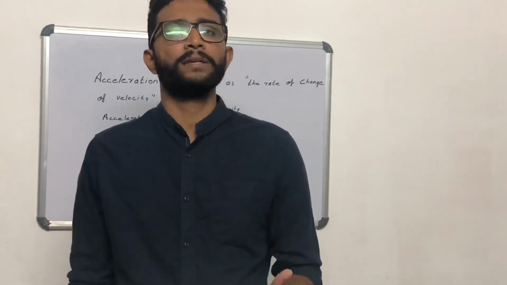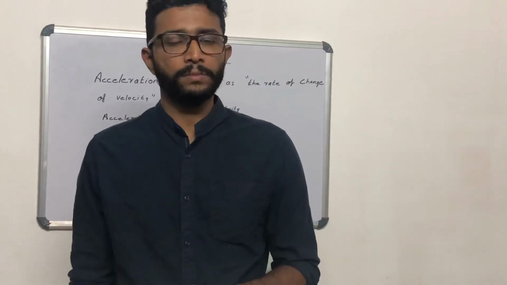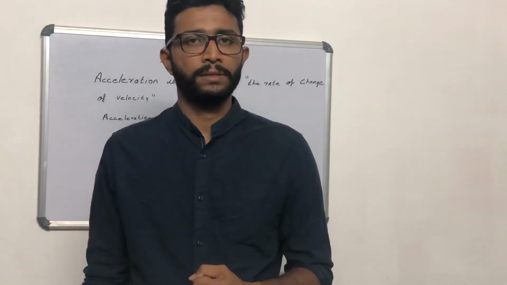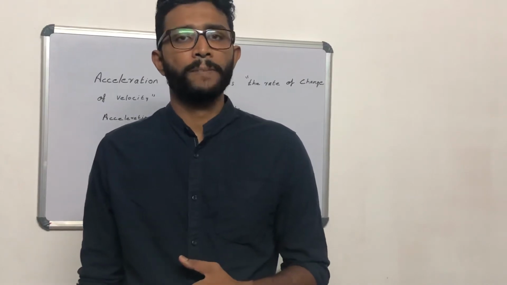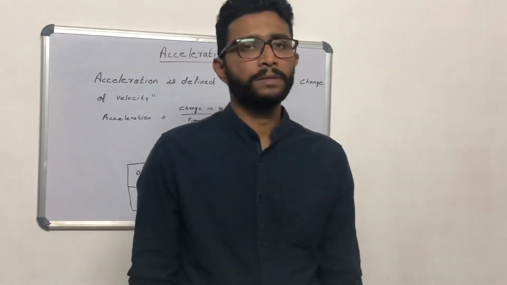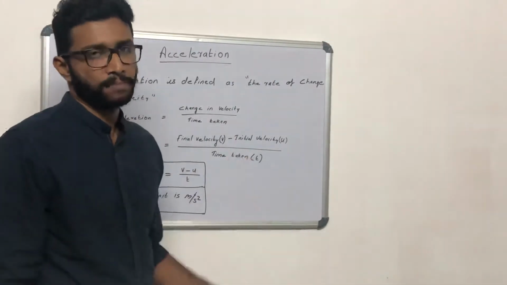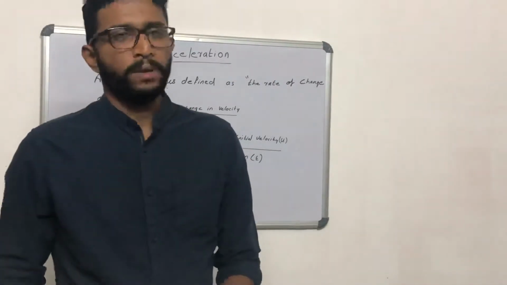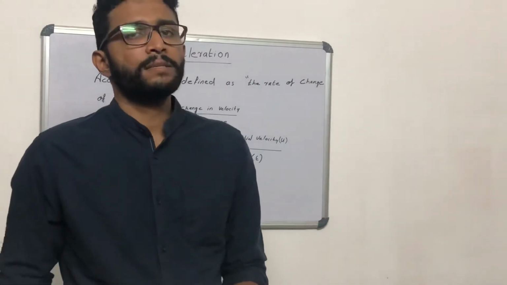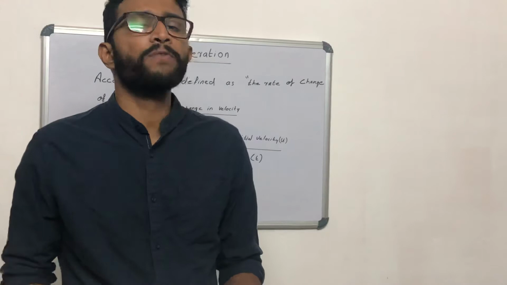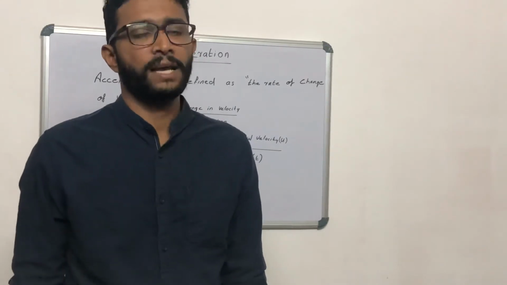How can you find acceleration? We can find acceleration by using an equation. Acceleration is equal to change in velocity divided by time. We can define acceleration as the rate of change of velocity.